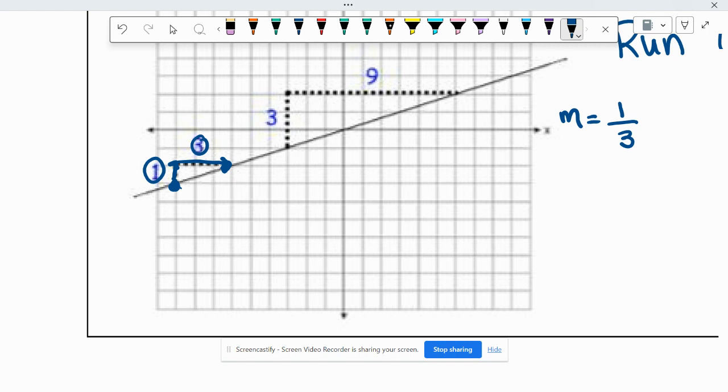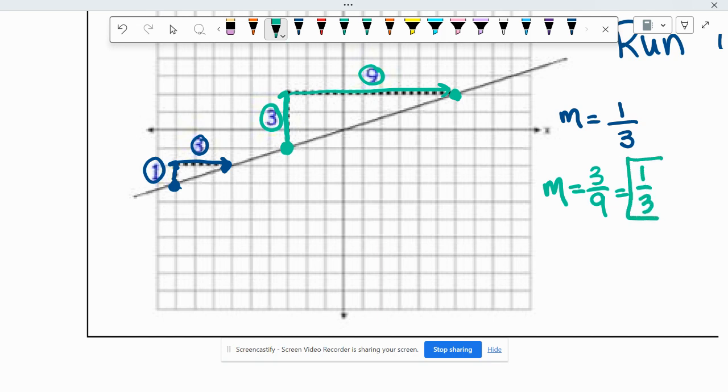Then it says, hey, let's look at this next set of ordered pairs. I'm going to go from this point to this point. So my rise is 3 and my run is 9. Well, 3 over 9 reduces to what? 1/3.